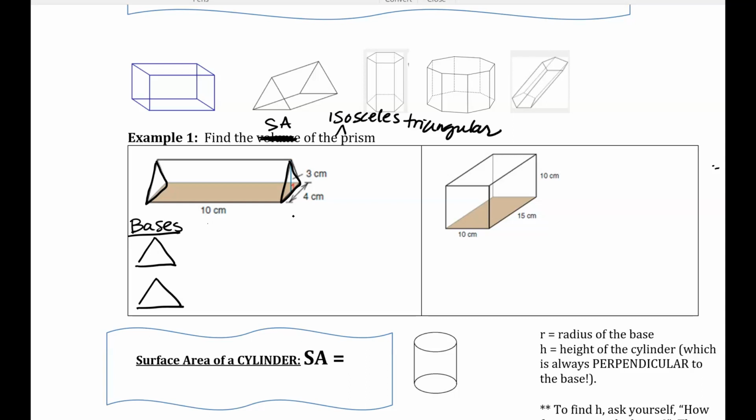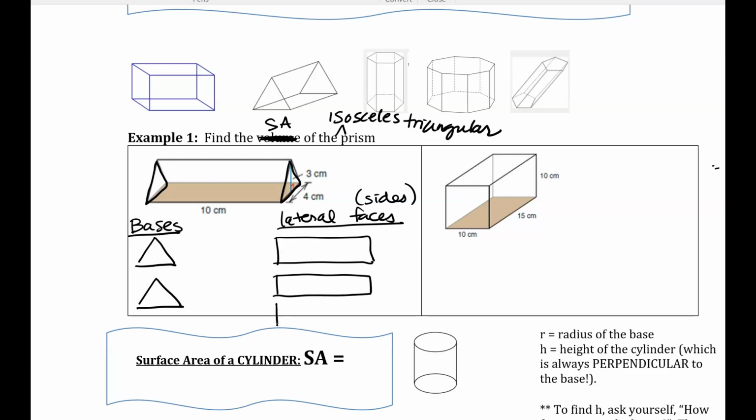And then we've got the lateral faces, which are basically just the sides, and there are 3 rectangles. We've got the one side, the other side, and we have the bottom.